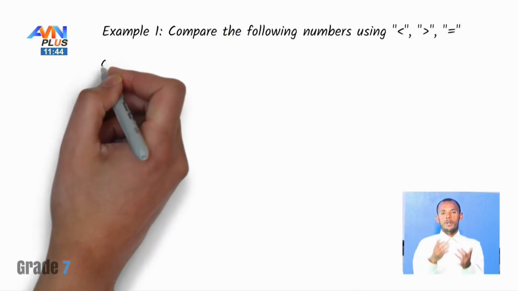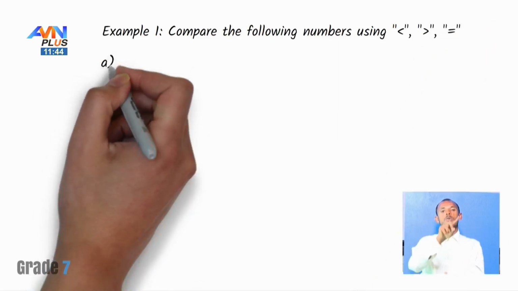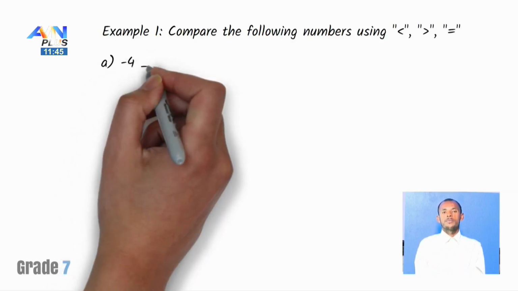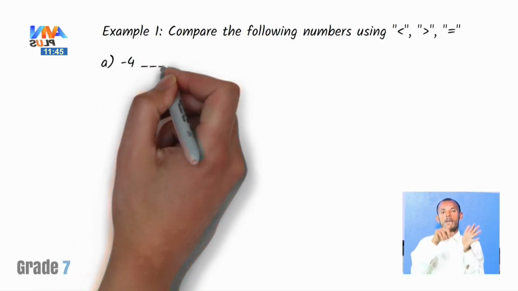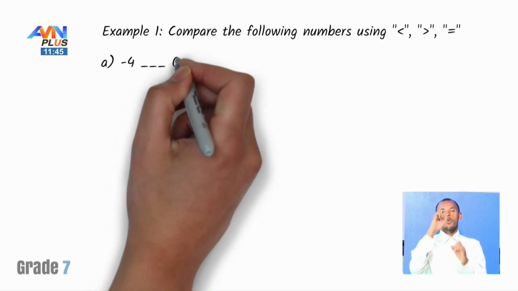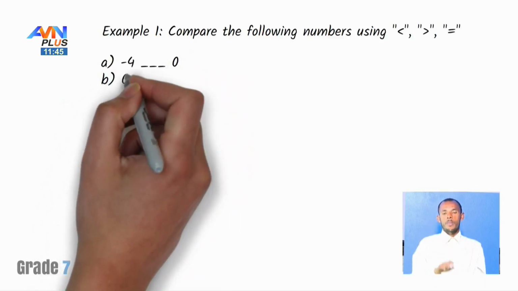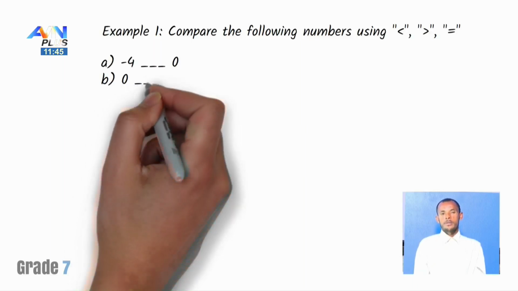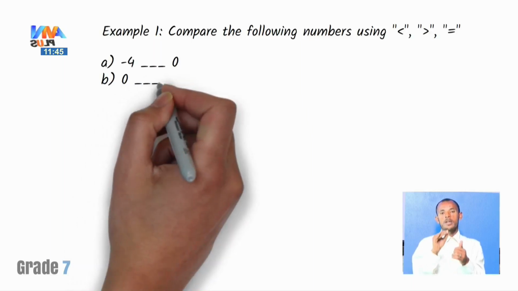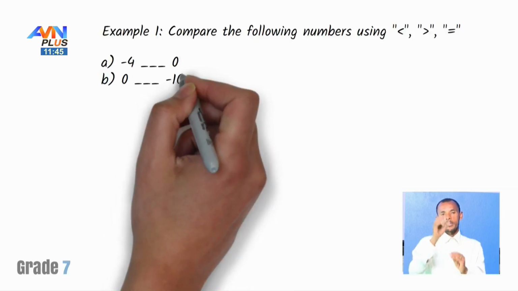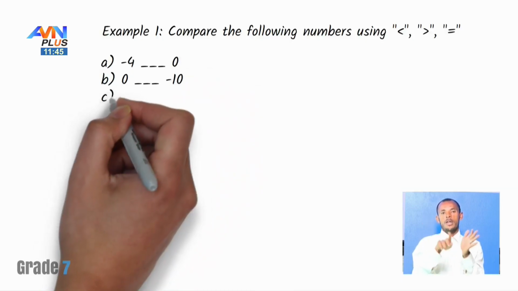Now, the first question. Here you have -4 and compare it with 0. Let me write the questions first and we'll do together. Again, you have this number 0 with -10.